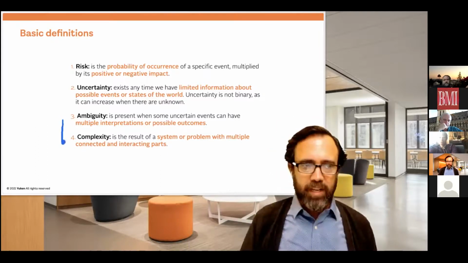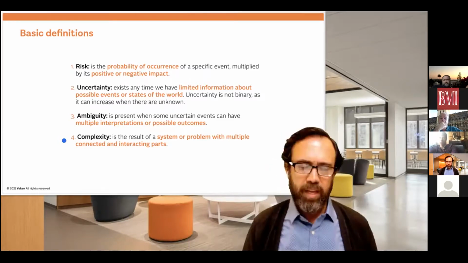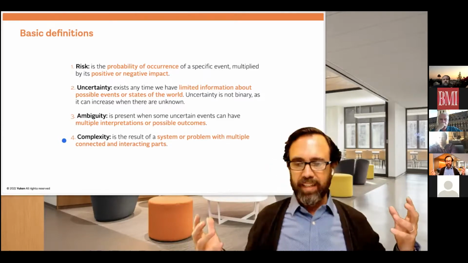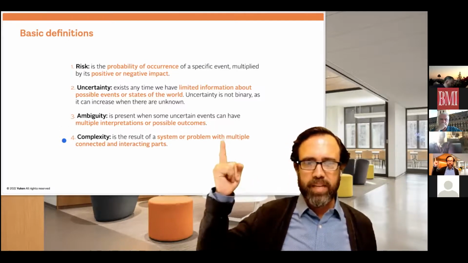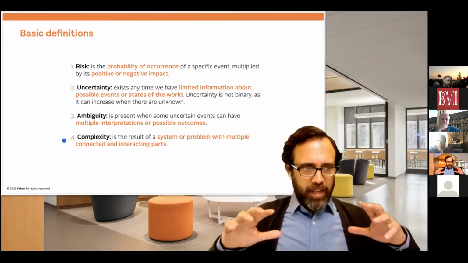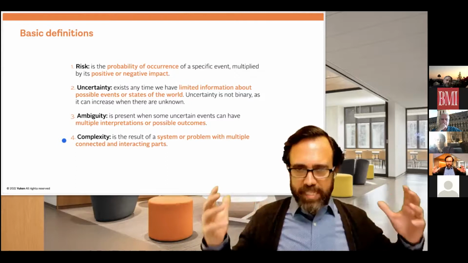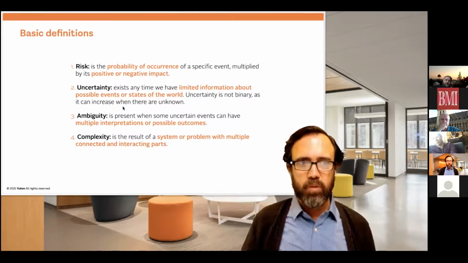And complexity, as Marius was saying, is when you have so many variables interacting that the excessive complexity generates the other three. Risk, uncertainty and ambiguity are a byproduct of complexity, and it's something we need to consider.